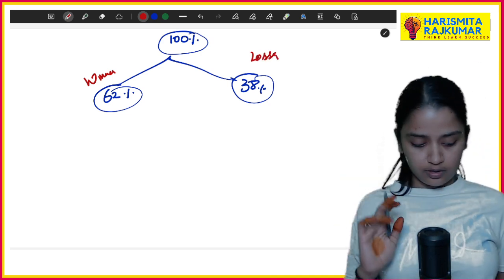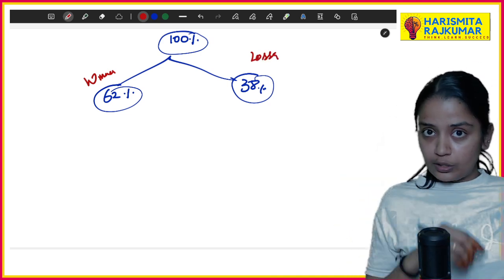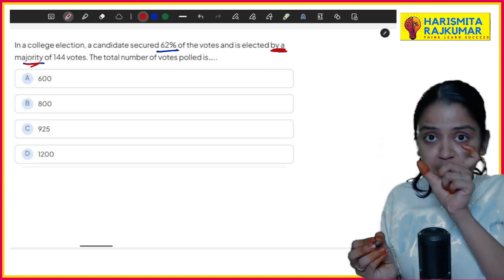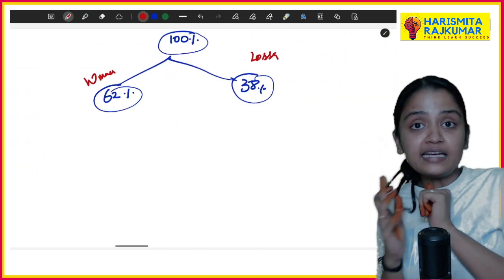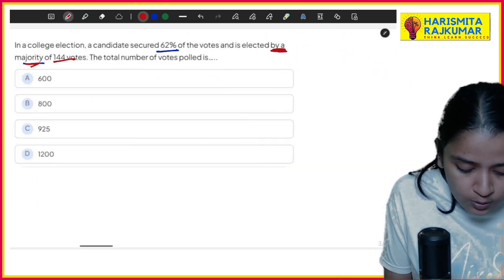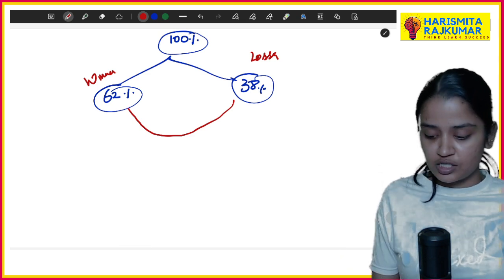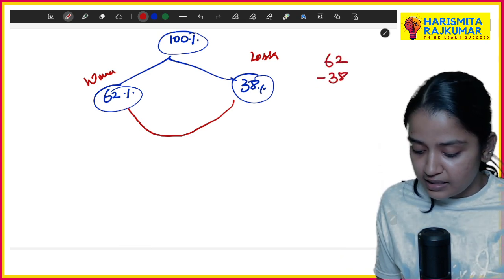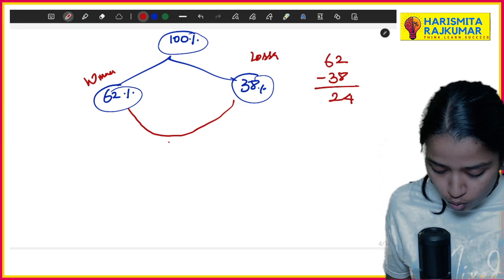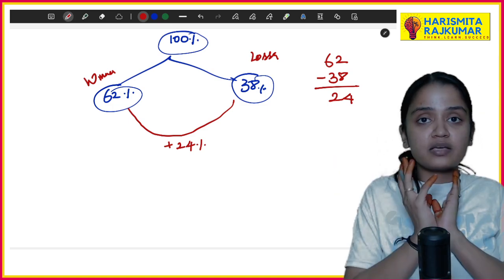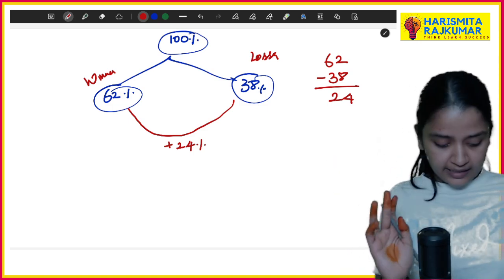Now I already told you, if you get the words by a majority, it means winning minus losing vote is 144. So basically, let us find the difference in percentage. 62 minus 38, you'll get 24. So the difference between the winning and losing percentage is 24%.